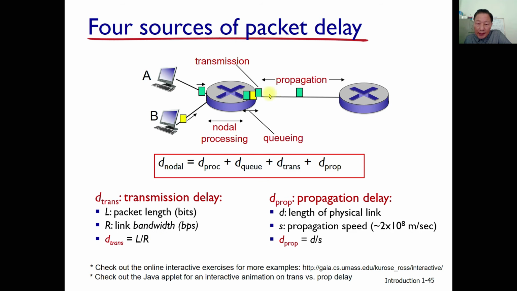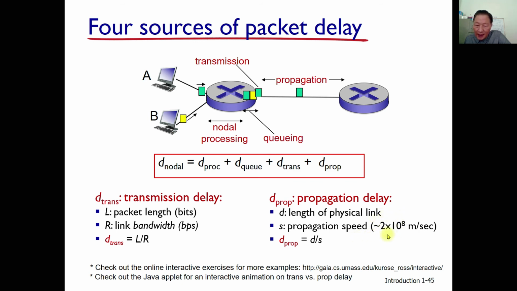Here, the final delay factor is propagation delay. Depending upon the media speed, even though it is transmitted at the light speed, it is not exactly the same as that light speed. It is almost, but depending upon the media, it may be slightly different, but near to the light speed.